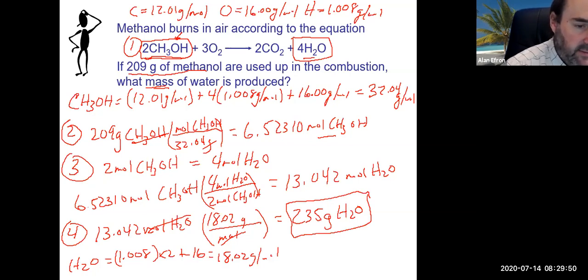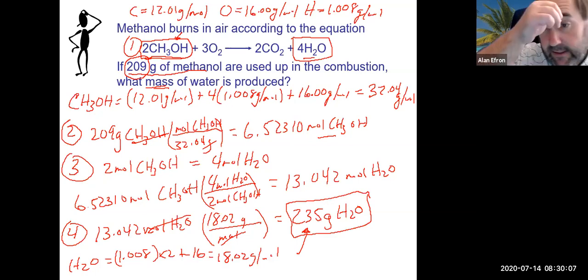The only number that we had was 209, which is 3 sig figs, which is why we rounded to about 3 sig figs when it was all said and done. Any questions on those steps?